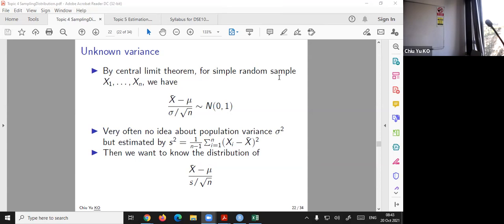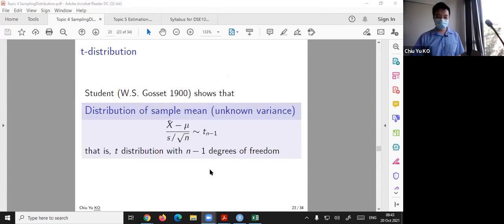So what we do is replace it by the sample variance. By doing so, we want to know the result of this quantity. Later we will explain why we care about this. At the end of today's class, you should know why we care about this quantity. But as someone showed 100 years ago, this follows the student t.